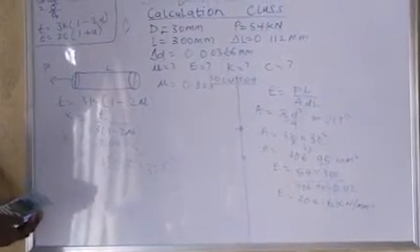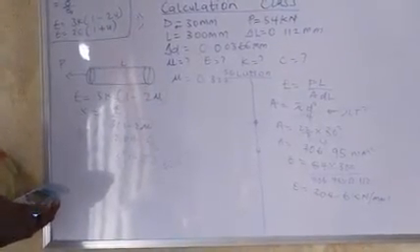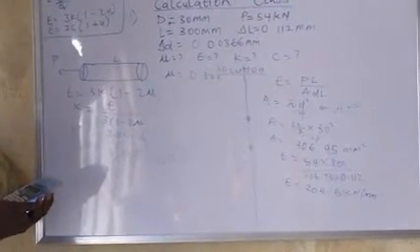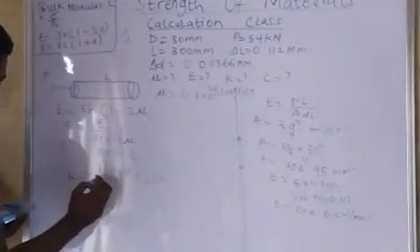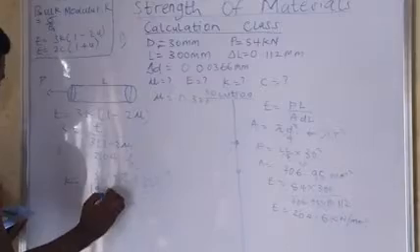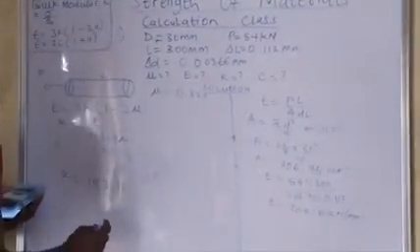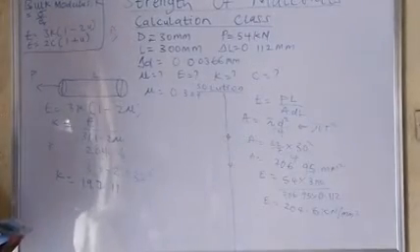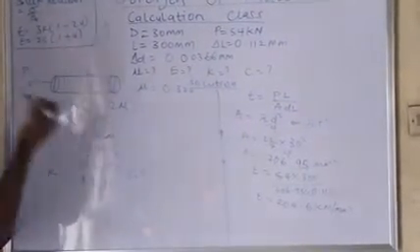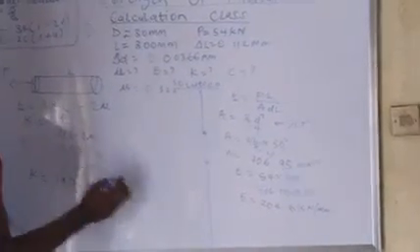It gives us this, and then we have our E, 204.6, divided by my answer. It gives me my K as 197.11. Okay, 197.11. I think the unit is kilonewton per millimeter square.